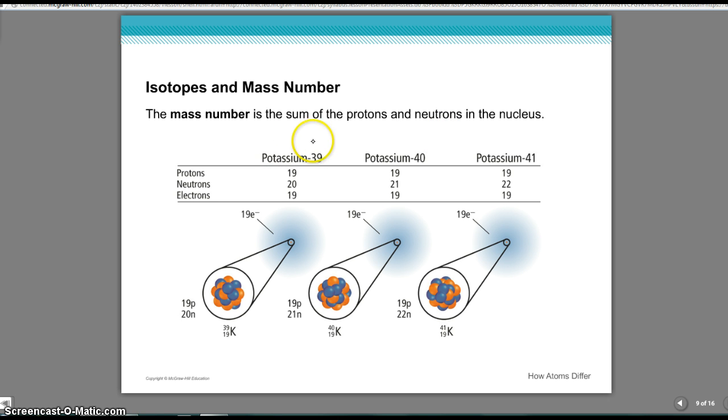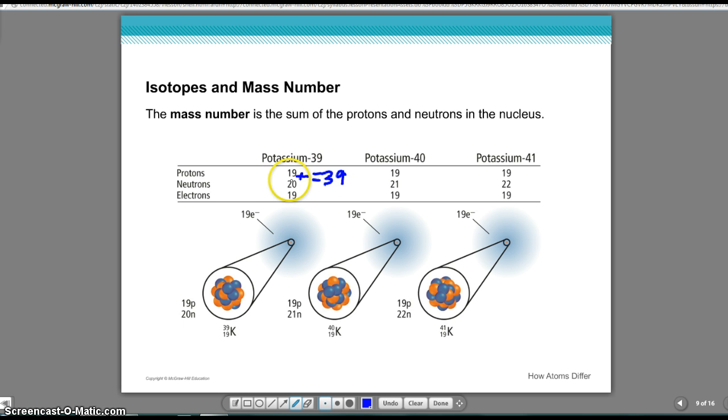So if we're saying potassium 39, that mass number tells us that there is a total of 39 protons and neutrons. And now we know from the periodic table that potassium has 19 protons. So 19 plus 20, if we add those together, that equals 39.